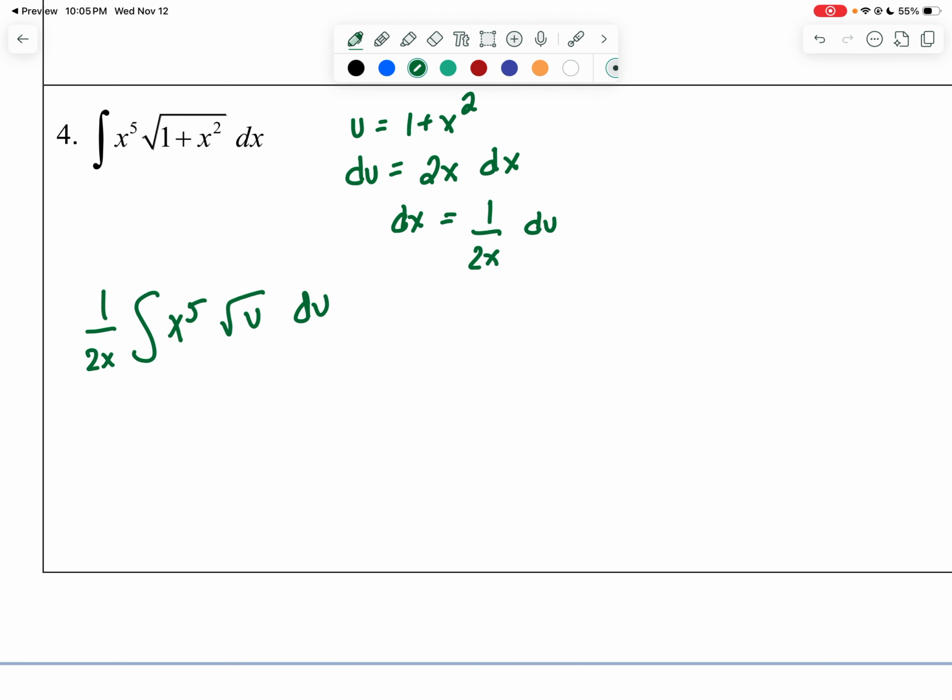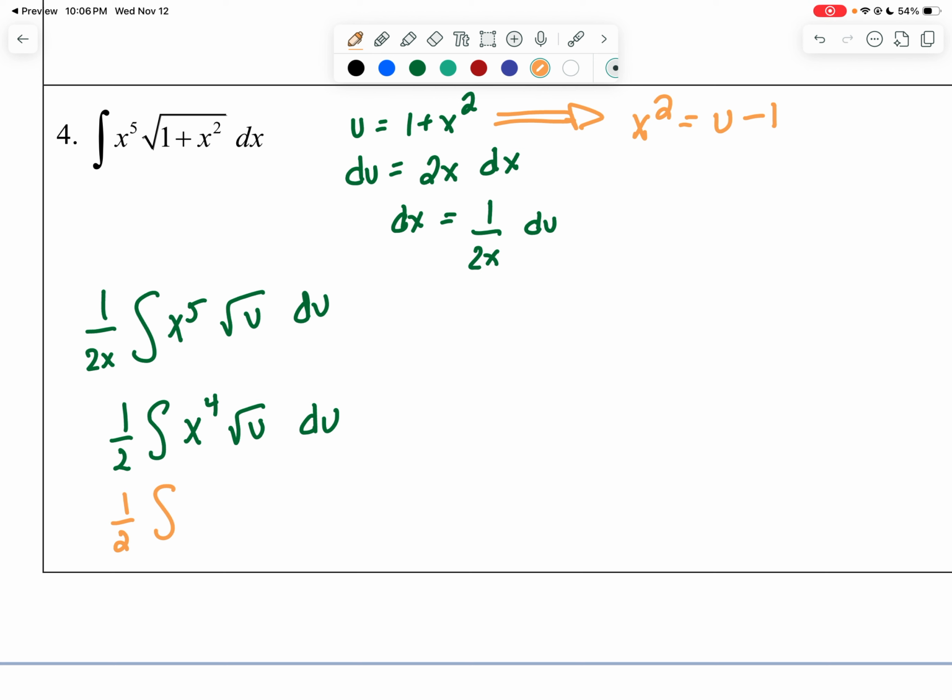Now that x does cancel out, but it doesn't cancel out the whole thing. It only cancels out one of the x's. So we're left with x to the 4th. I know, sad. Well, plot twist. X squared is the same thing as u minus 1. So then I could sub in for x squared, and I get u minus 1 squared root u du.